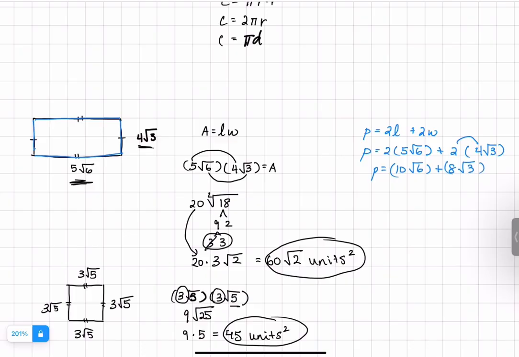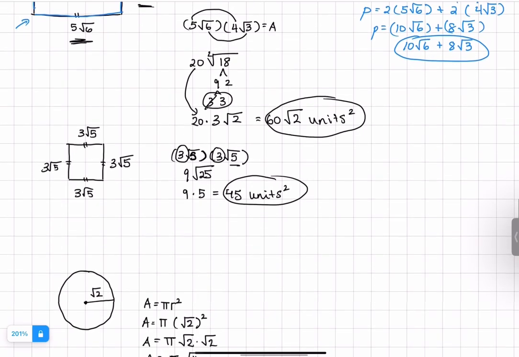Now we try to add them, but 6 cannot be simplified further, and 3 is a prime number, so we cannot add these two radicals. Our final answer would be 10 root 6 plus 8 root 3, and that will be the perimeter of this rectangle. Great.